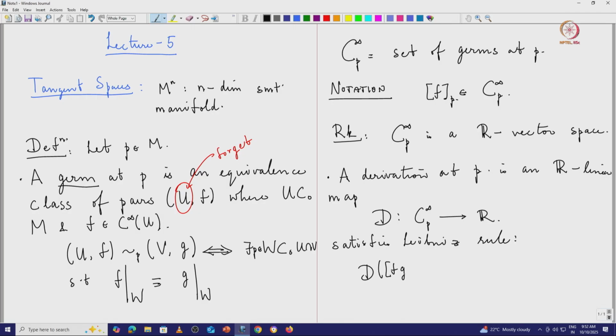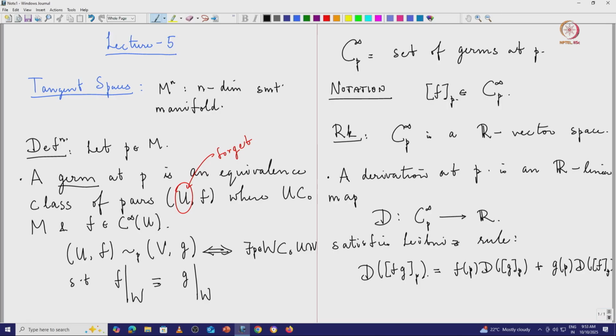That if you take the product of two functions and take their germ and apply D to this, this is simply going to be F of P times the derivation applied to G plus G of P times the derivation applied to F, right.